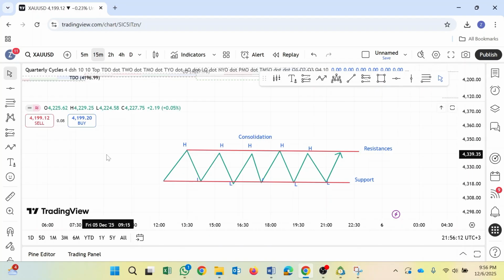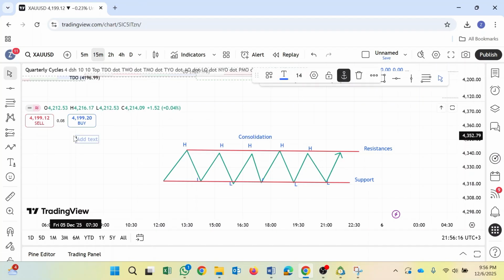In fact, let me tell you that we have different types of traders. One, we have people who are called scalpers. Scalpers are those people who aim to get their profits or their entries within a short time frame.